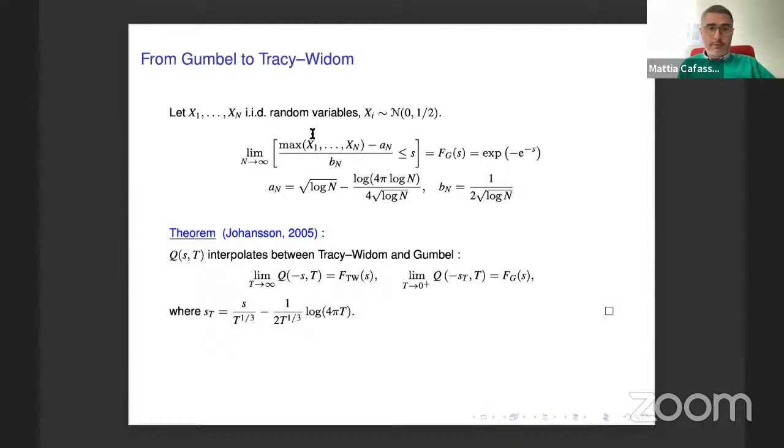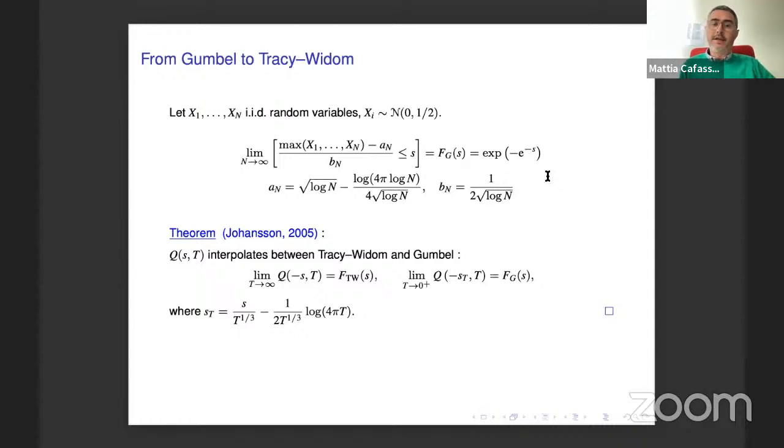Here is just a recall that if you take x_1, ..., x_n, some IID normal random variables, and you ask how the maximum of these independent random variables behaves, up to some rescaling that is written explicitly here, the maximum converges in law to the Gumbel distribution. And this is the cumulative distribution function of the Gumbel distribution.